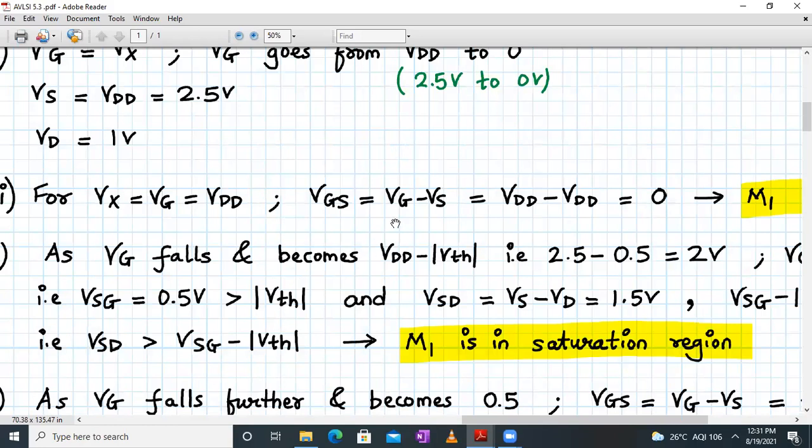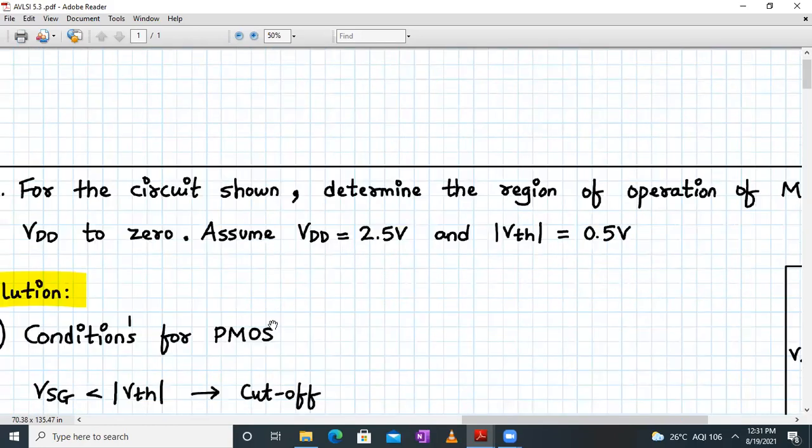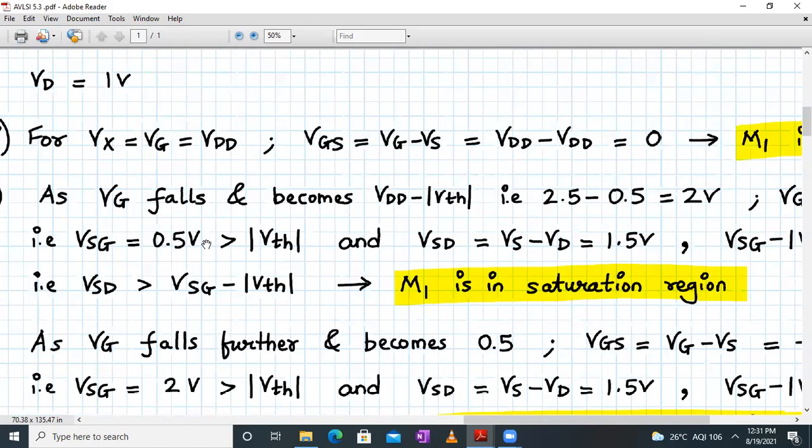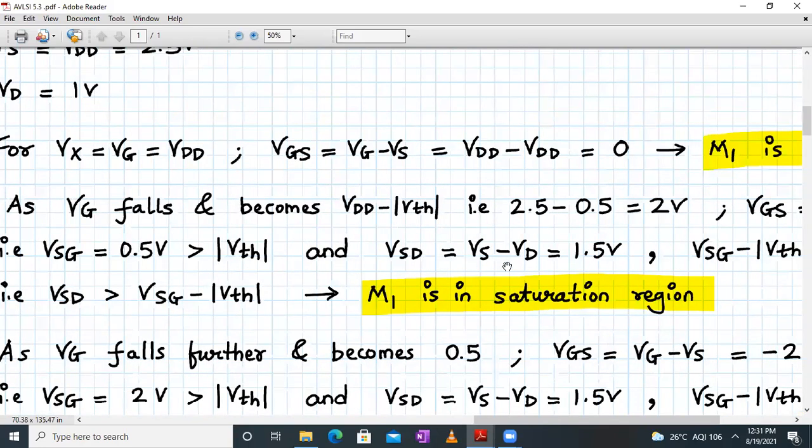And what is my threshold voltage given? 0.5. So VSG, which is equal to 0.5 volt, is also equal to mod of VTH. And what is my VSD value right now?